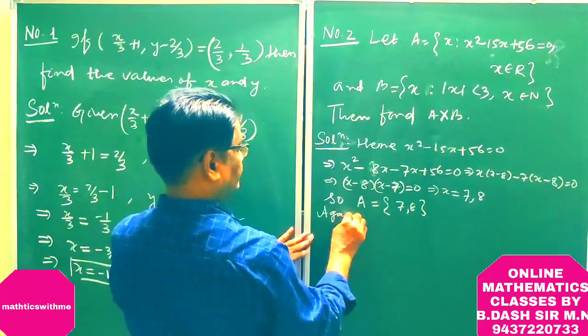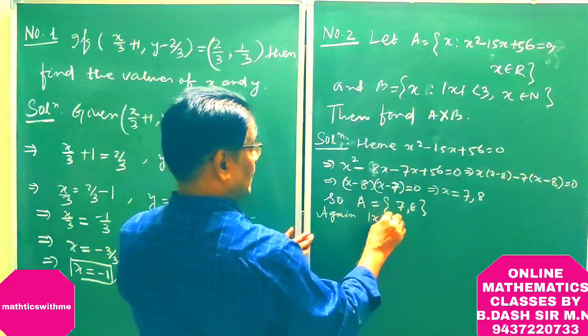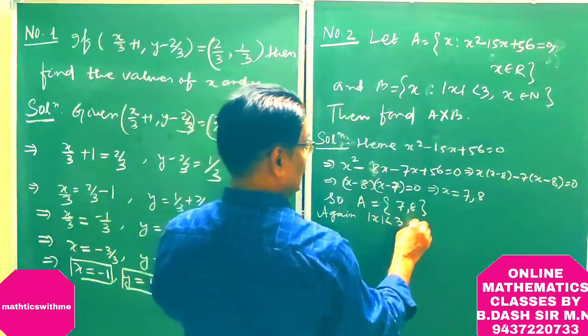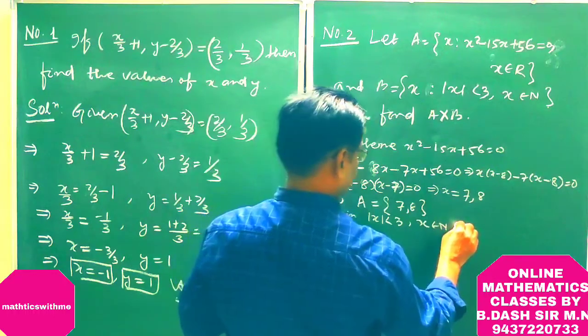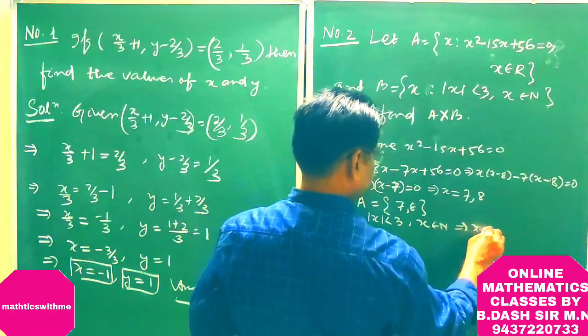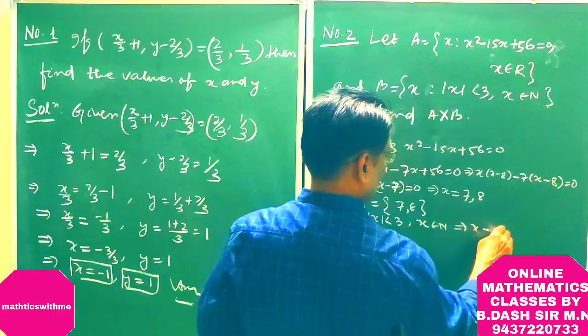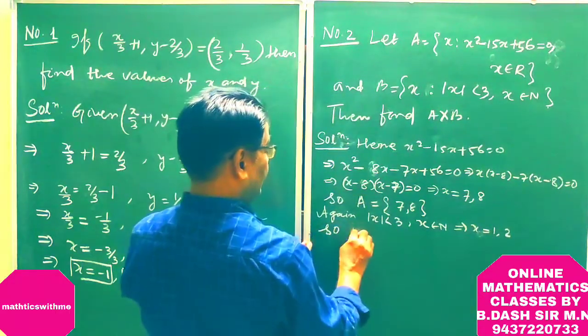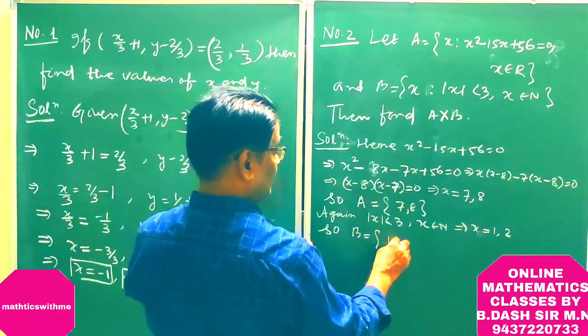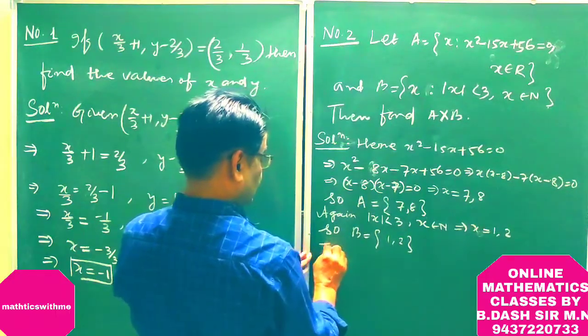Again, mod x less than 3 and x belongs to N implies x is equal to 1, 2. So B is equal to {1, 2}.